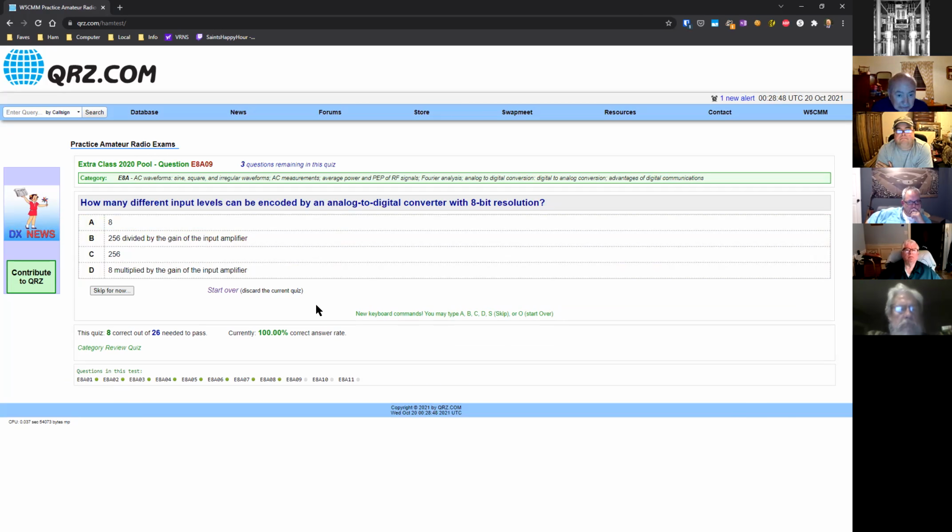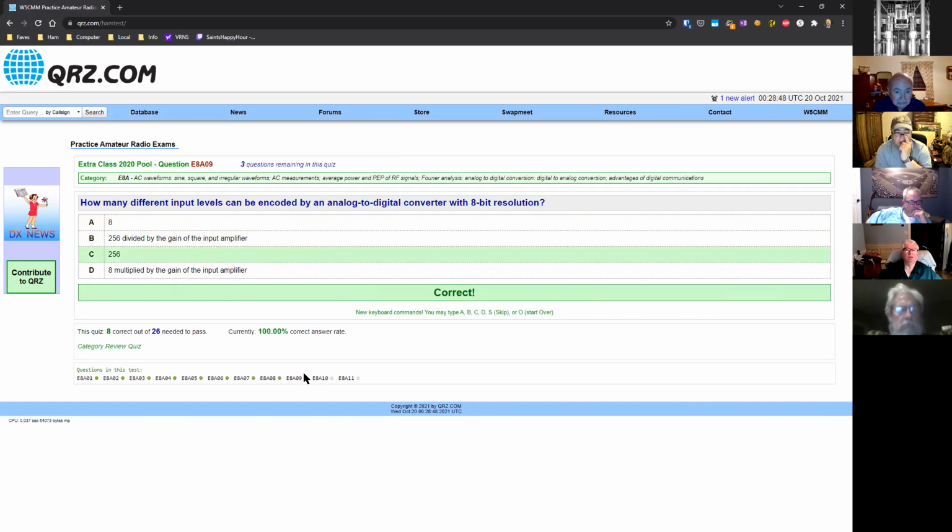How many different input levels can be encoded by an analog to digital converter with 8-bit resolution? C. See, 256. Yeah, 256, and since it's 8 bits, it's going to be 2 to the 8th power, which is 256.